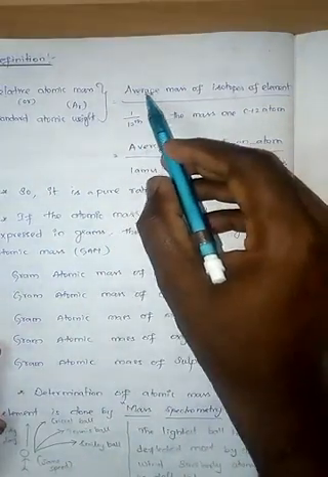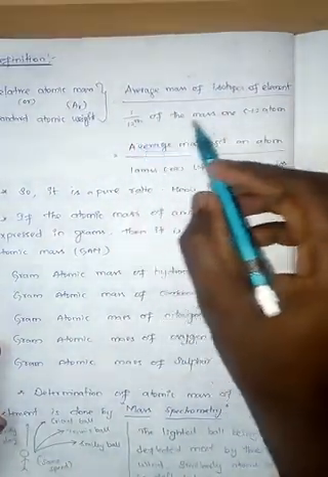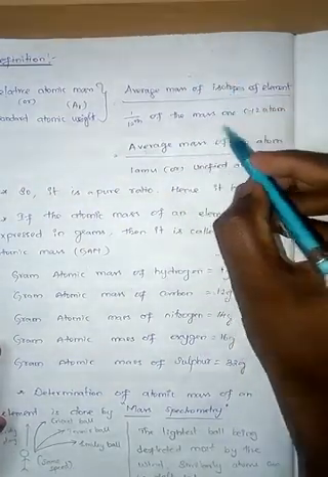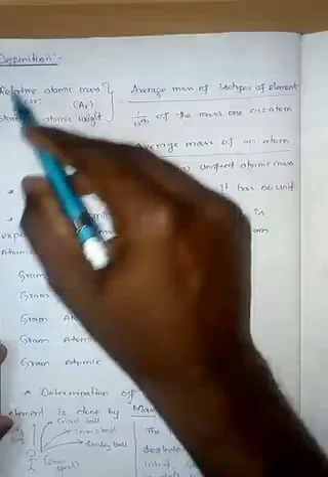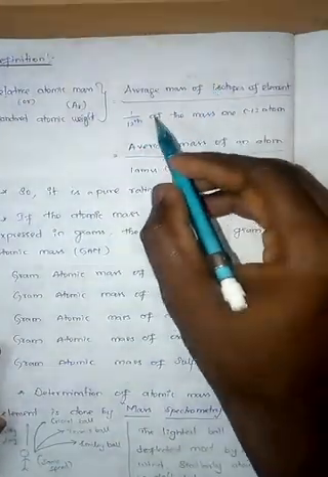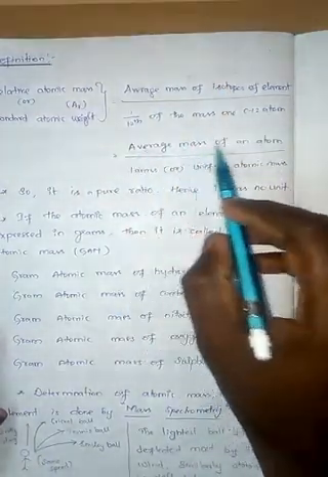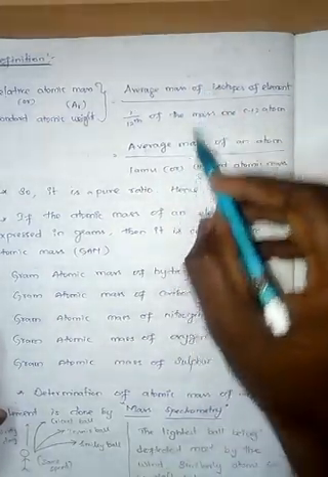Let's take it that the sodium mass is 23. What is 1 by 12th of the mass of a carbon-12 atom? 23 U divided by 1 U. So the mass of sodium is 23 on the relative scale. Similarly, the other formula is the average mass of an atom divided by 1 AMU, or unified atomic mass. You can use either one.